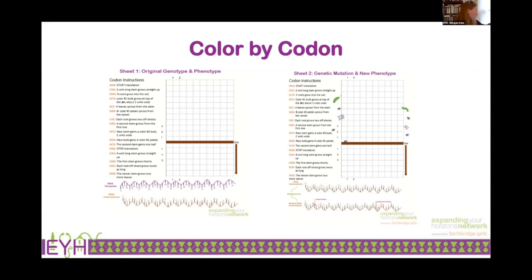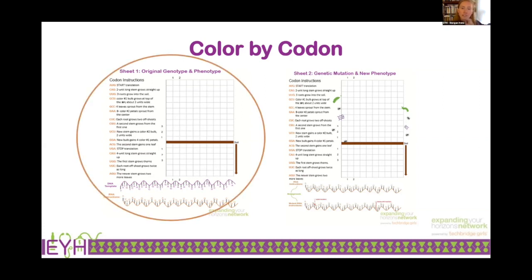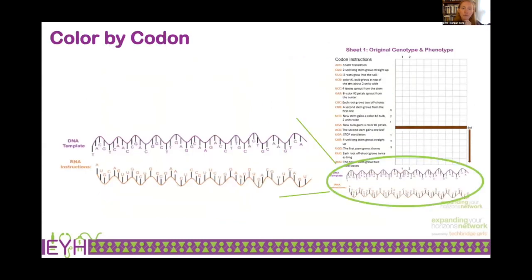So I want you all to grab sheet 1, which is titled Original Genotype and Phenotype, and grab your crayons so that we can actually use those to start drawing and coloring on the sheet. But before we start actually working on the sheet, let's explore it a bit more. So we can go to the next slide. So yep, that's the sheet that we want.